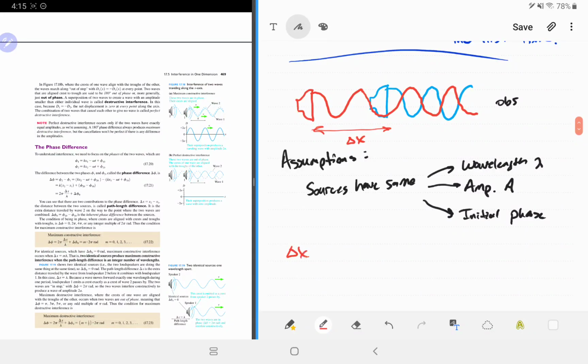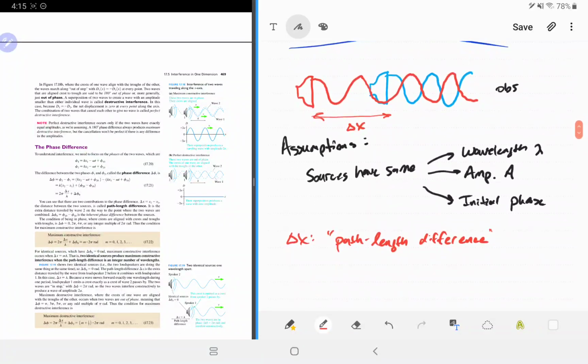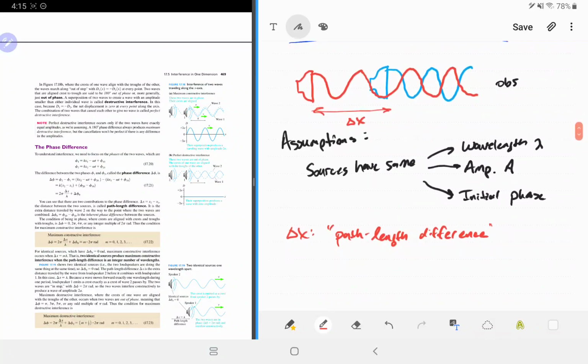Delta x is called the path length difference, and it describes how much farther one wave had to travel compared to the other wave. Whether an observer is here or here, it doesn't matter. The red wave traveled a distance delta x more than the blue wave.